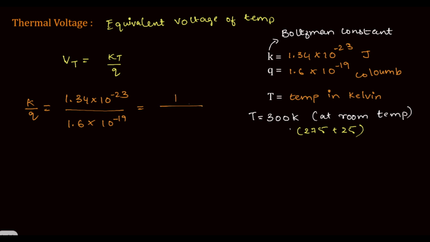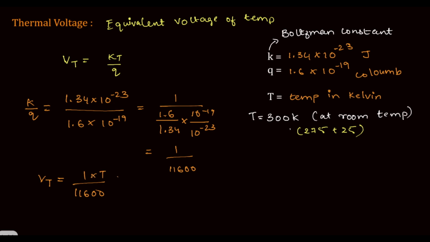So it will give me 1 by 1.6 by 1.34 into 10 to the power minus 19 by 10 to the power minus 23. That gives me 1 by 11,600. So this is the k by q value. So I will write Vt is equal to k by q into T, that is 1 by 11,600 into T. So simply I can write it as T by 11,600.